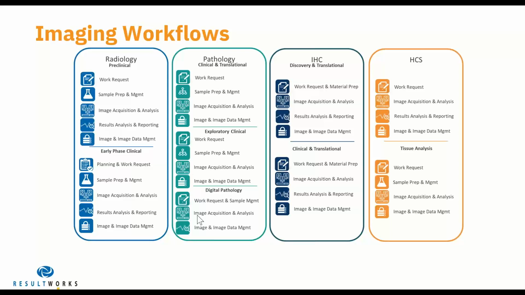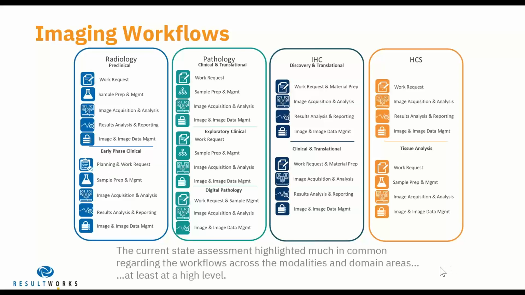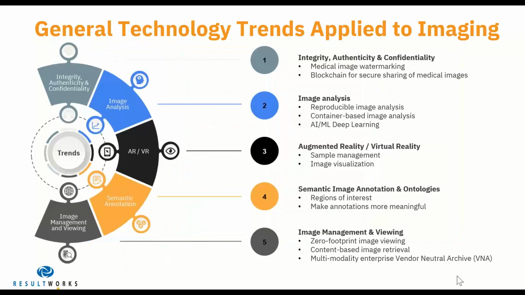So generally, things are pretty consistent at this level. So at the high level, the workflows are in common. It's in the detail as you start to get down into the modalities where things start to fall apart or differentiate a little bit more. So that's kind of a frame of the current state.